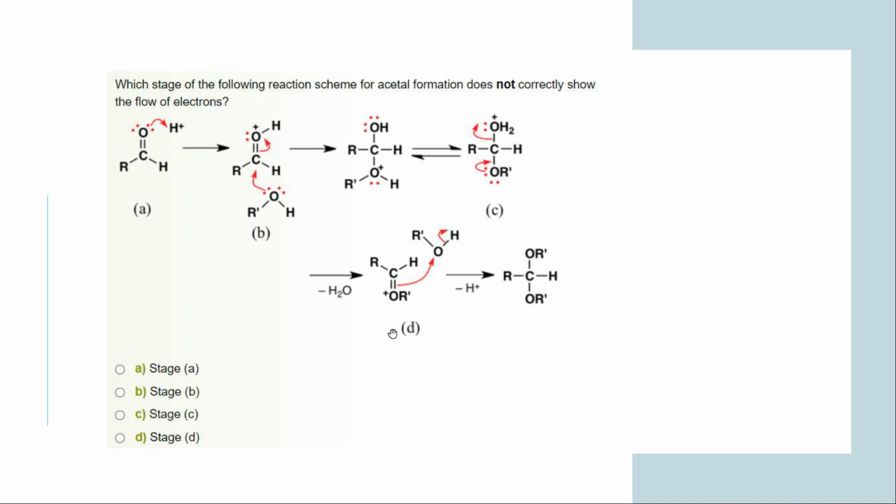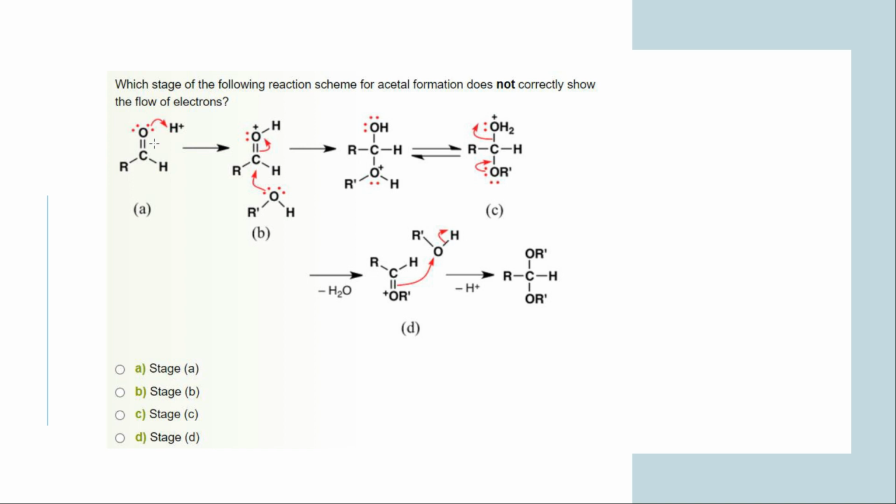So in the first step, we can see trapping of a proton by this oxygen of the carbonyl. Yes, this has electron pairs and it is taking up a proton leading to the formation of an oxonium. So yes, electron movement is shown correctly here.